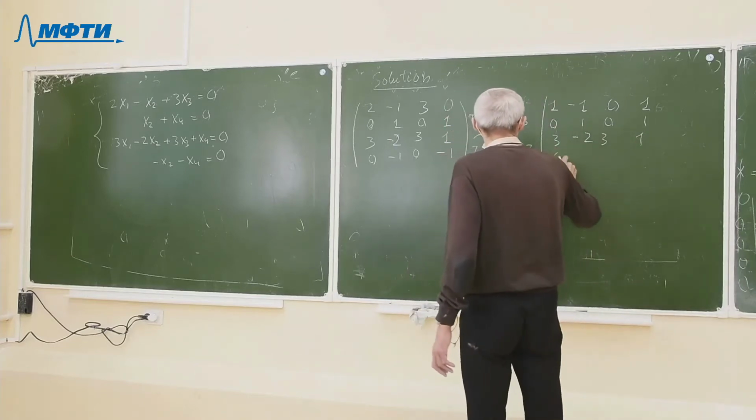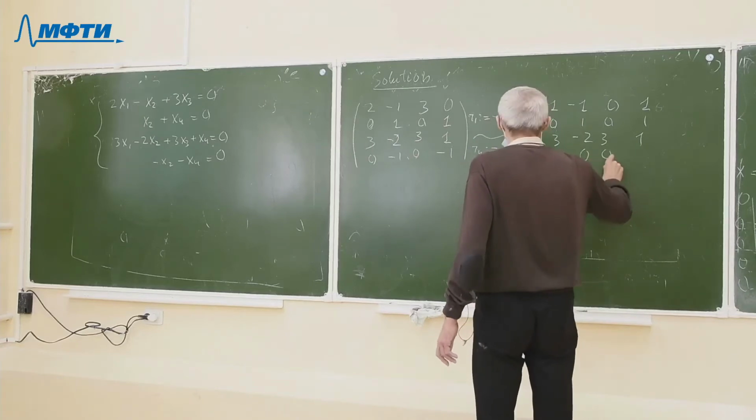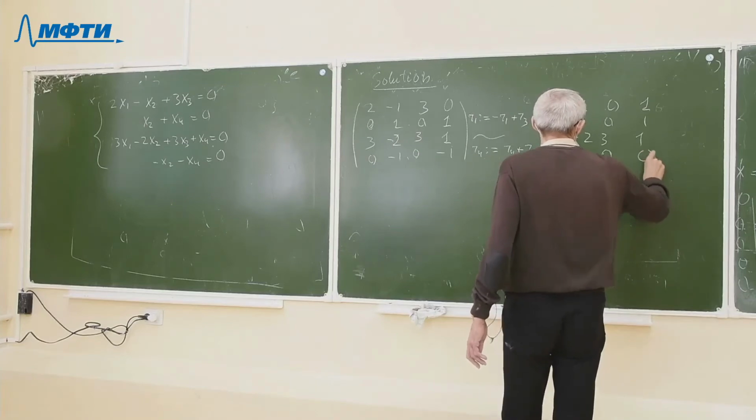The last row: 0, 1 minus 1, 0, 0 plus minus plus 1 minus 1, 0.